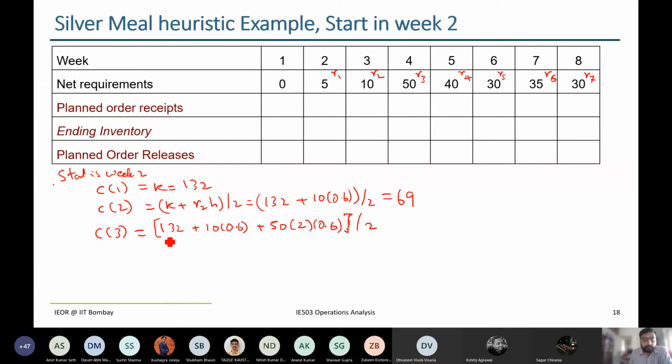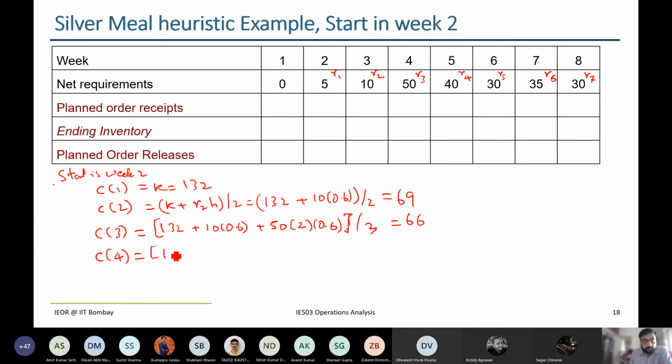The whole divided by 3 comes out to be 66. Still, you can see the total cost is decreasing. So I keep continuing, 132, 69, 66, until it shifts the other way.